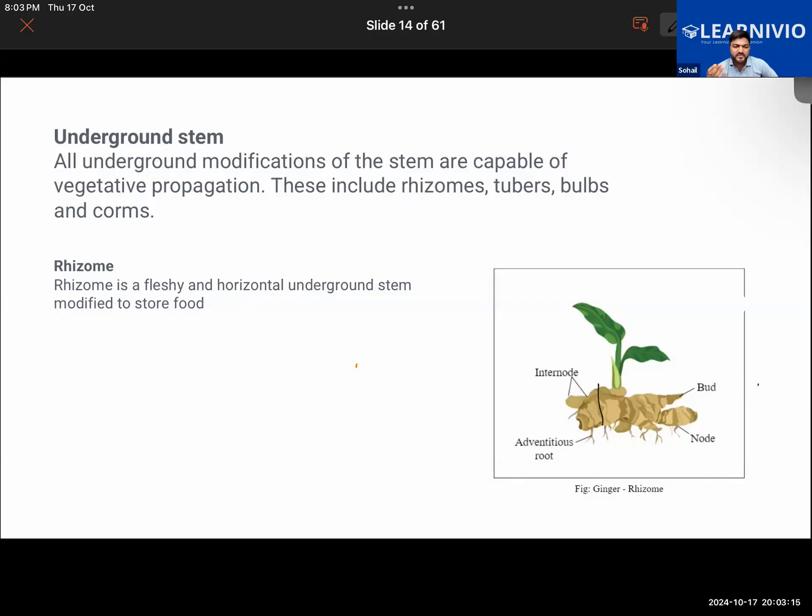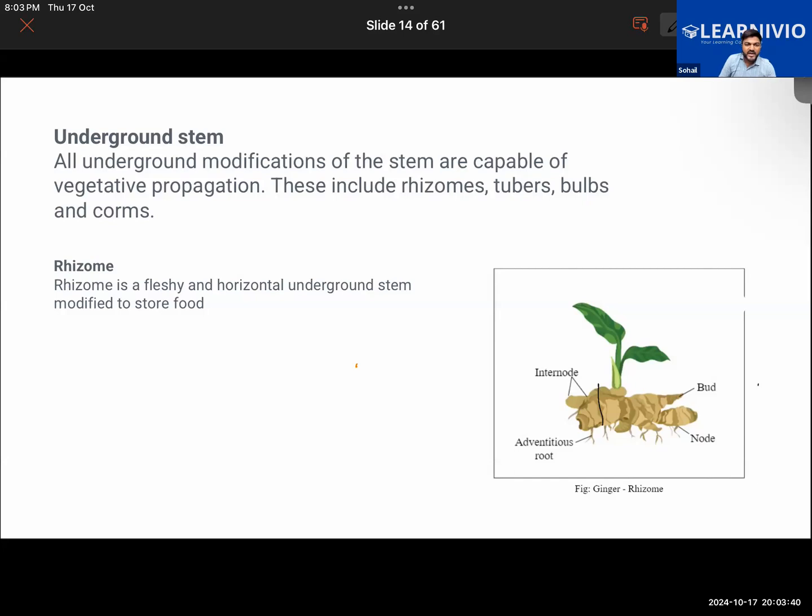What is the function performed by the stem? Normally, what is the function performed by the stem? Yes, Aman and Fatima. Normally, we know that the stems will be transporting the food and the water and minerals.